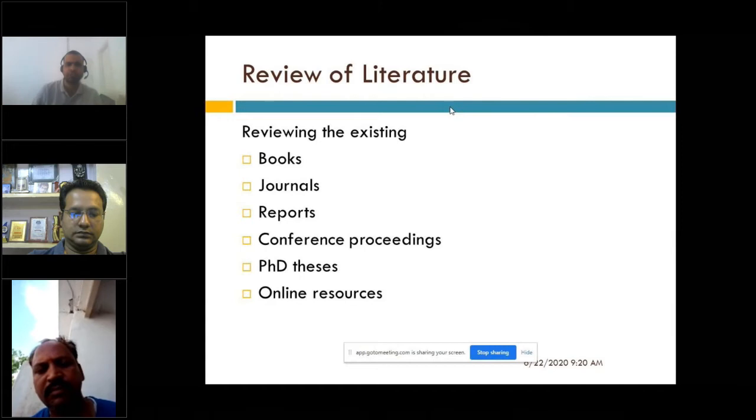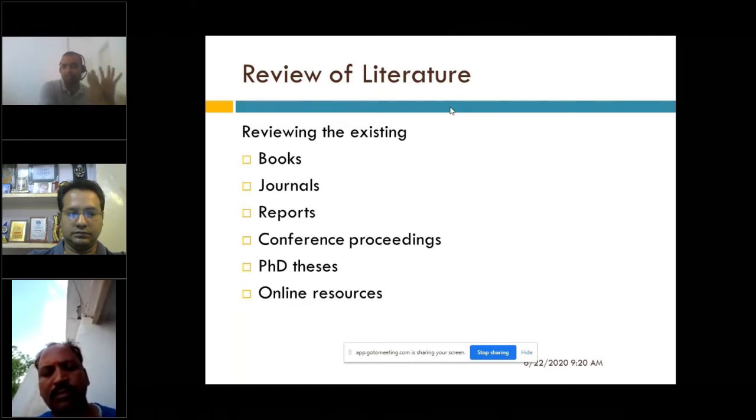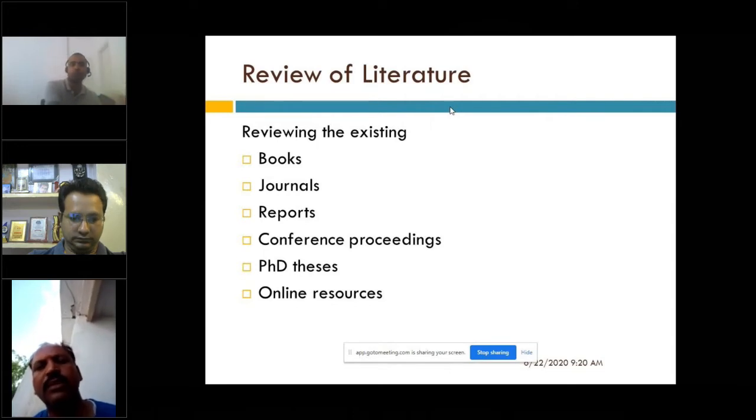So through review of literature, we find out gaps, that yes, in this area less work has been done so far, so we can take up this area. So review of literature is simply a path showing how and where we can contribute to generate new knowledge.